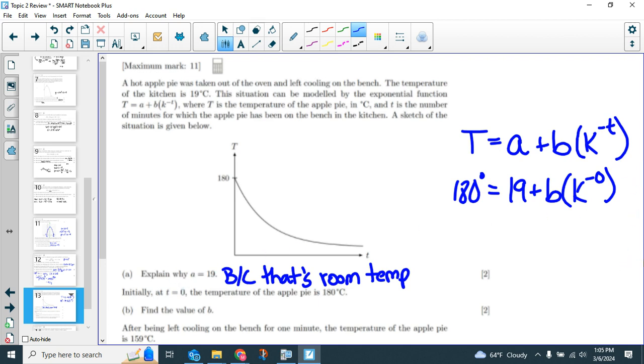So I plug 0 in for t. So it doesn't even matter that we don't know k. What is any number to the 0th power? 1. So this is really 180 is equal to 19 plus B. So all we have to do is subtract 19 from both sides. So 161 is equal to B.